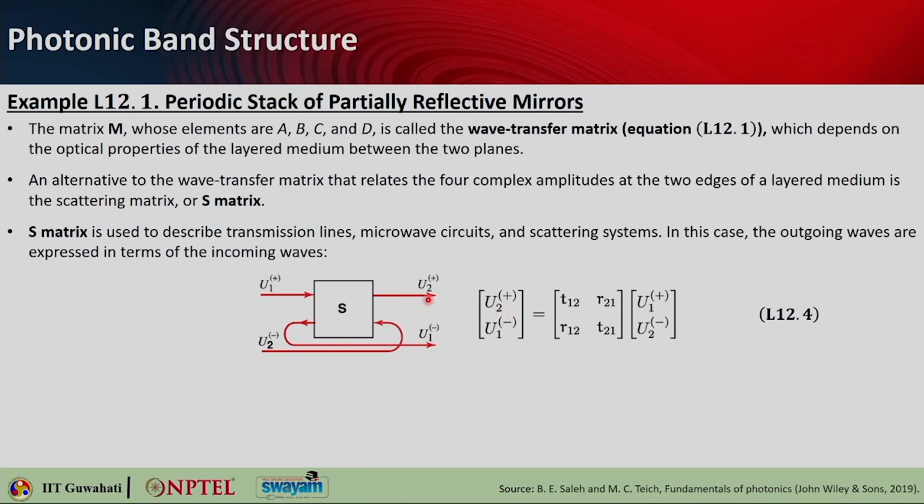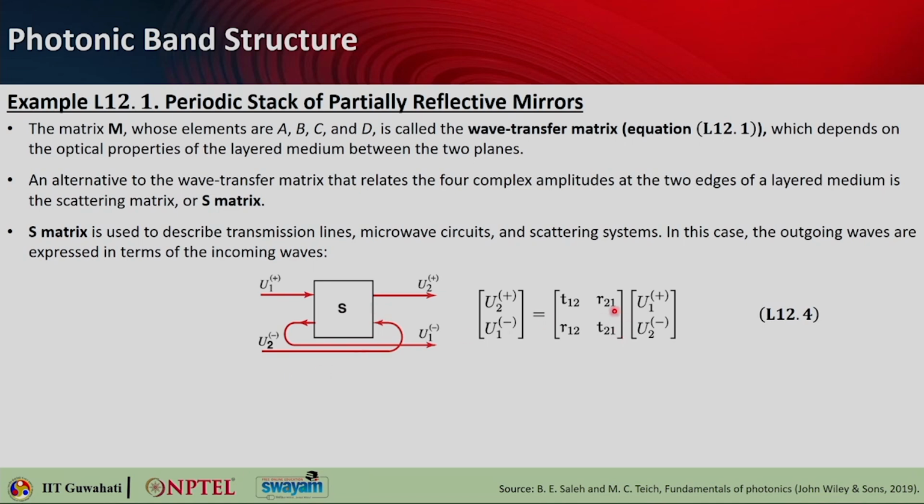So, U2 plus will be nothing but U1 plus times the transmission, that is T12 times U1 plus. Also, it will have another component coming from this one. Whatever is getting reflected will also contribute to U2 plus. This is 2, this is 1, so this reflection coefficient will be called R21.